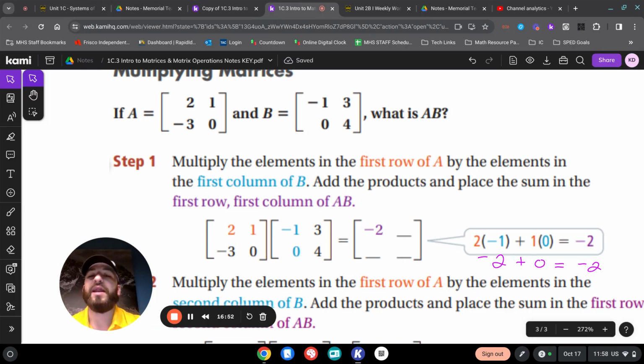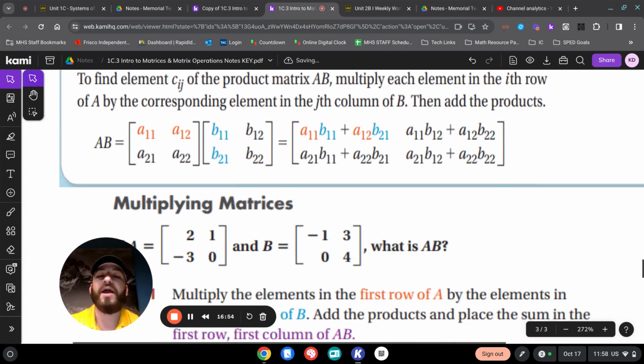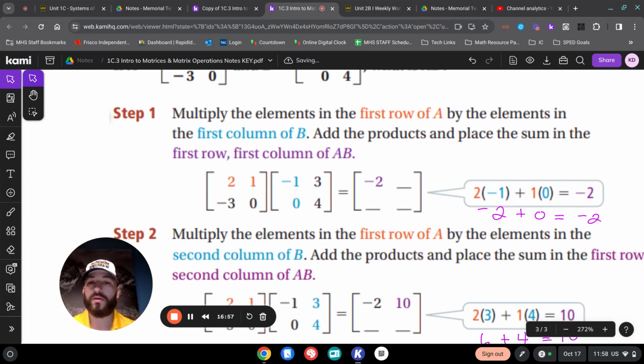Then I'm going to take my first row in A and multiply it by the first column of B. So 2 times -1 and 1 times 0. 2 times -1, of course, would equal -2. 1 times 0 would equal 0. Then I add those together: -2 plus 0 equals -2.